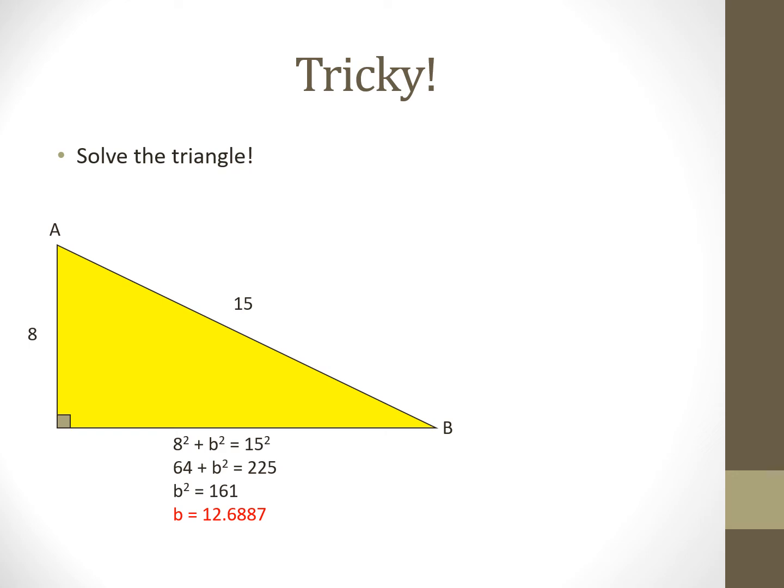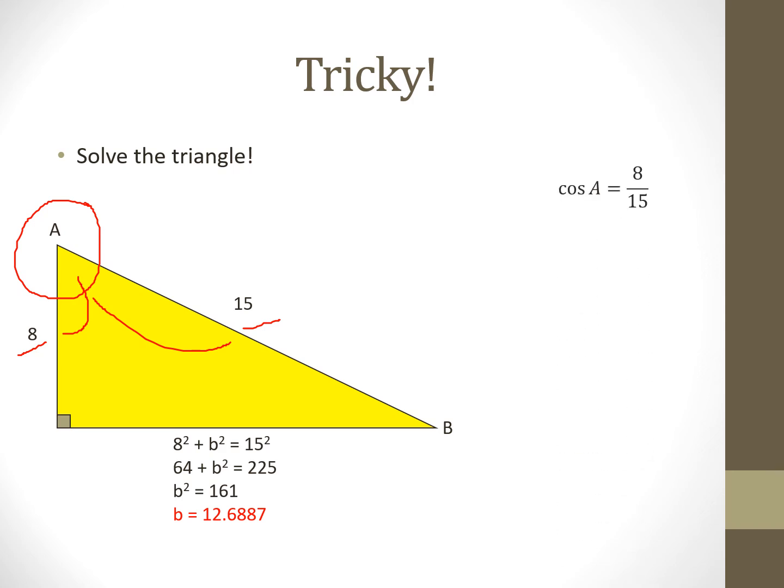Now let's go ahead and try to solve for the angles, one angle at a time. Let's go ahead and try to solve for angle A. Now you have to use some trigonometry. You have to ask how A is related to 8 and 15. 8 is the adjacent side, and 15 is the hypotenuse.